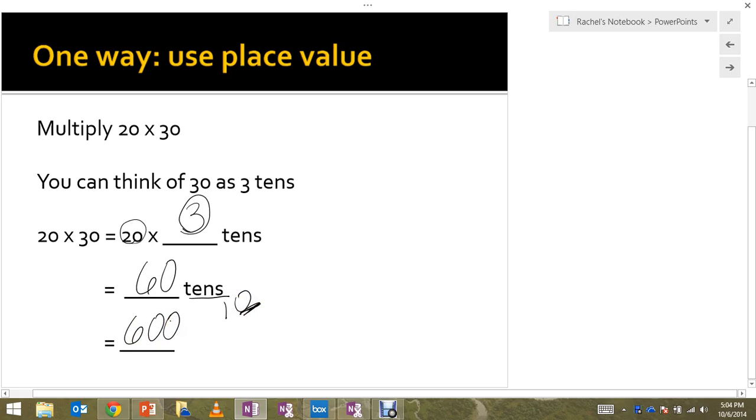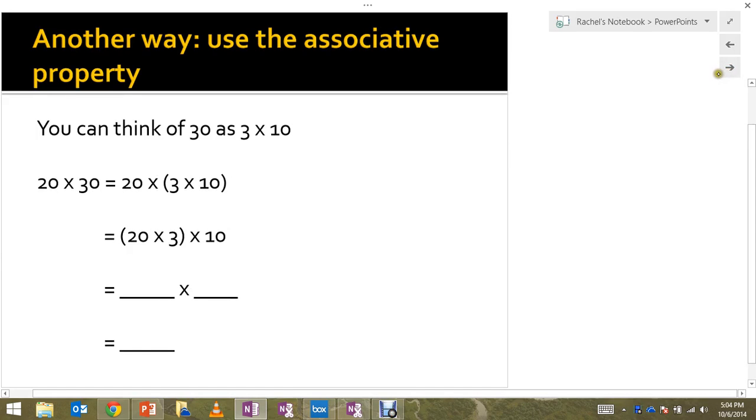Students typically understand this when they're given the base 10 blocks to understand it with manipulatives, but they don't usually write their problems in this way. Another way of solving this, using something that we've talked about with the associative property, and they've learned in past grades as well, thinking of this second factor as 3 times 10.